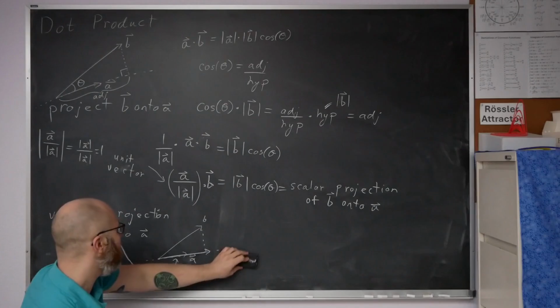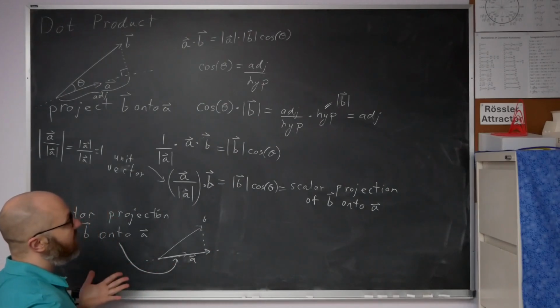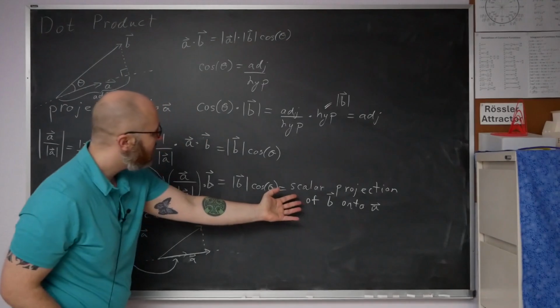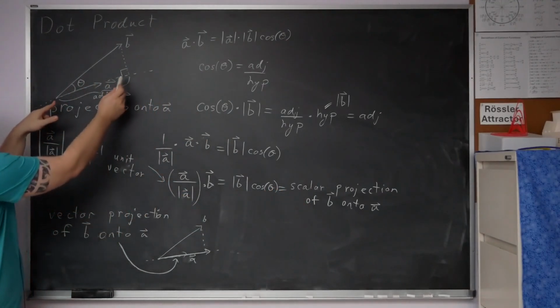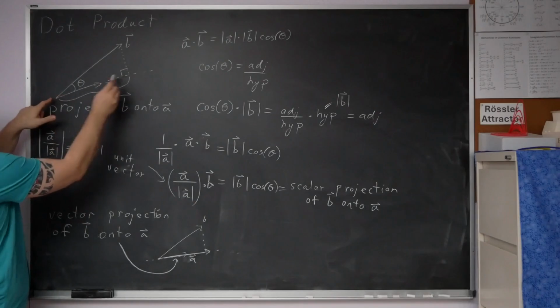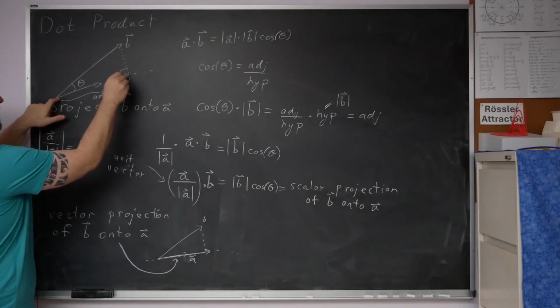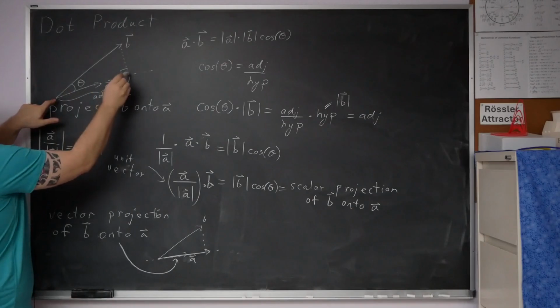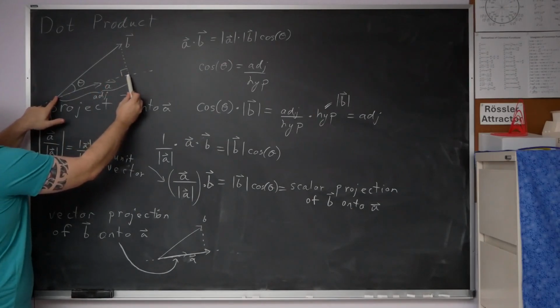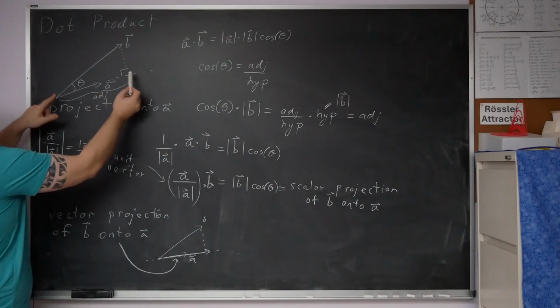So in order to get that, we have the length of the projection, the scalar length, so we know how long this is. And if we want a vector in the direction of A that has this length, then we can take a unit vector in that direction times the length.